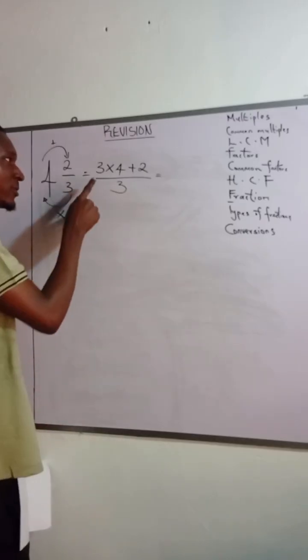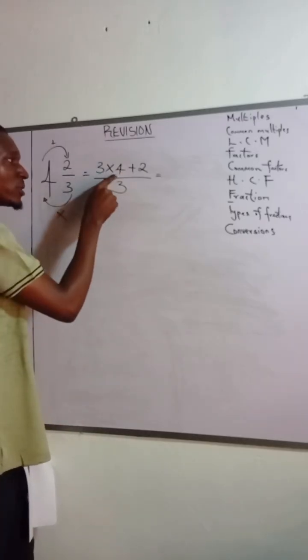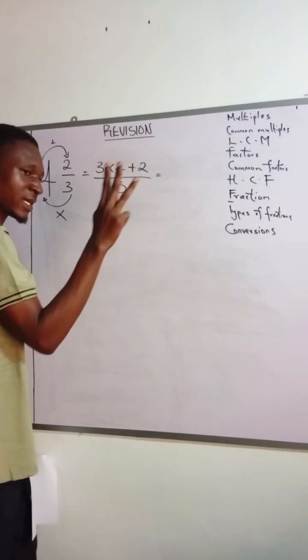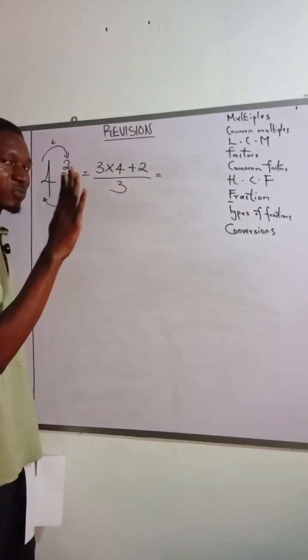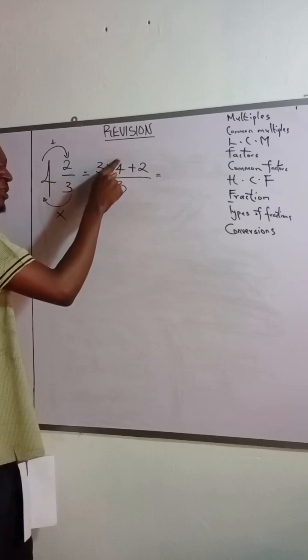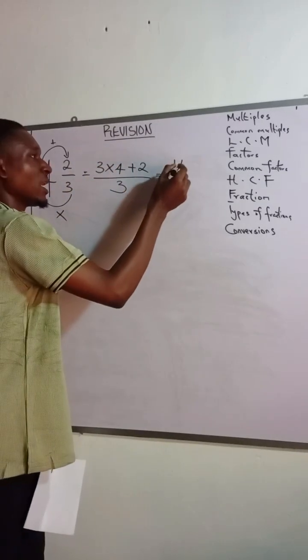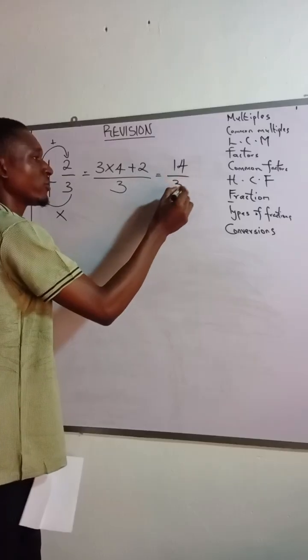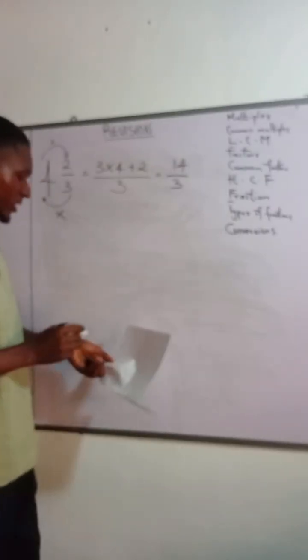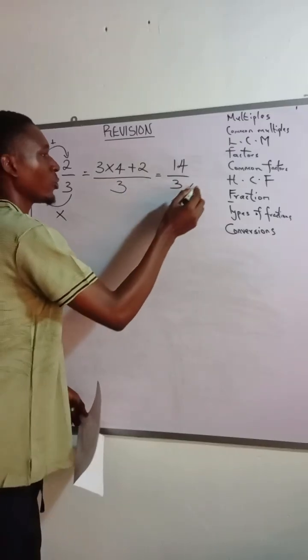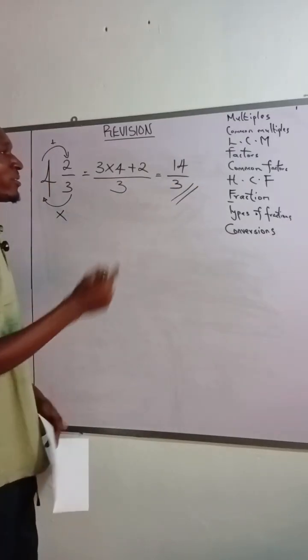And then after this, you now have 3 multiplied by 4 is what? 12. Okay, 3, 6, 9, 12. 3 times 4 is 12. 12 plus 2 is 14. And then we have 14 out of 3. You can see 14 out of 3 is an improper fraction. So we have converted the mixed fraction to an improper fraction.